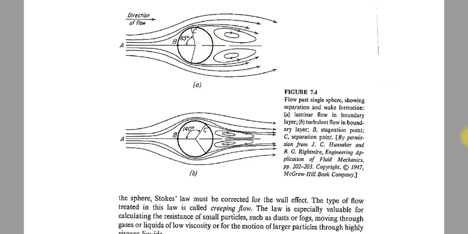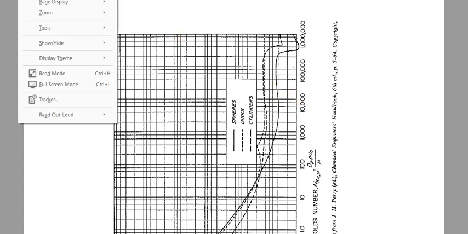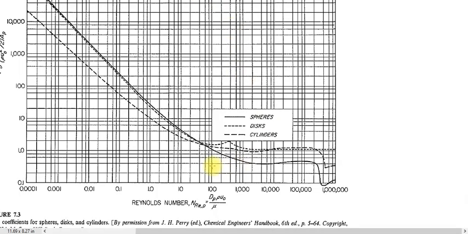So at that time you will not get this type of sudden reduction in the drag force after the 3 lakh Reynolds number. You can see here, this short dash is for the disc. When you have the disc, you don't have any reduction in the drag coefficient.